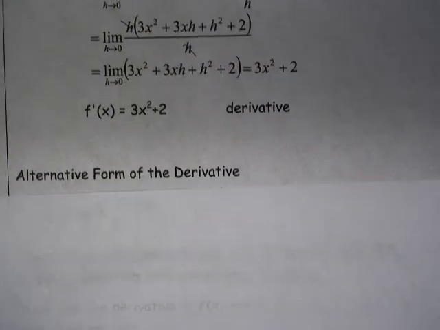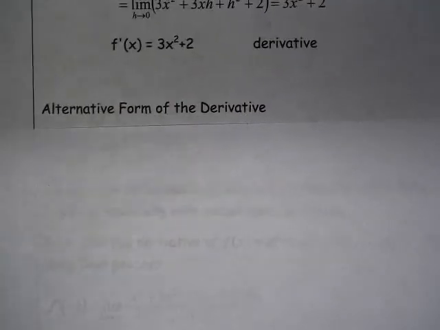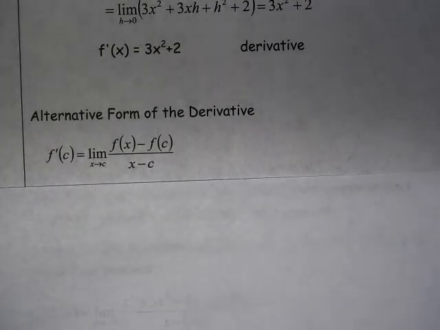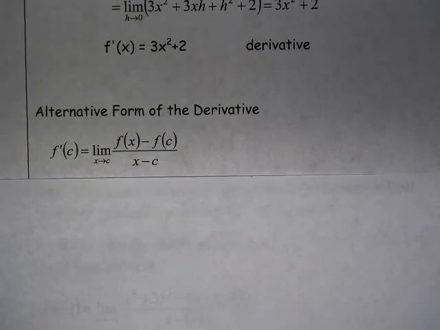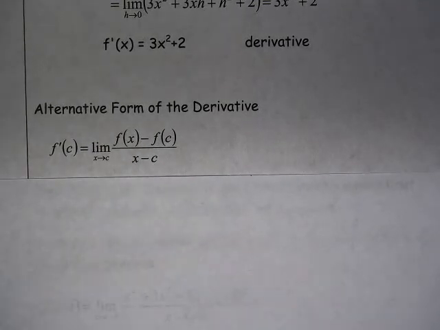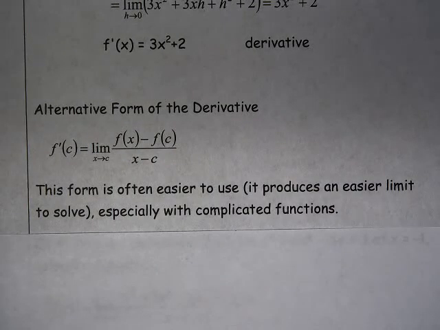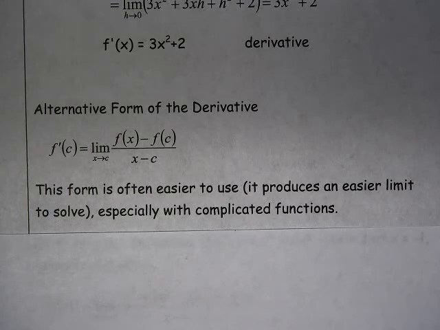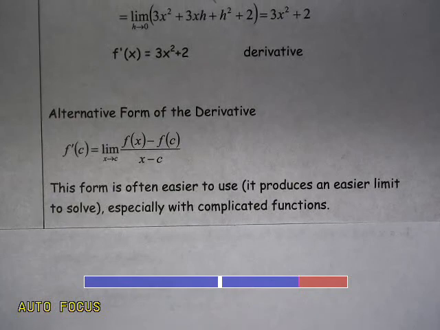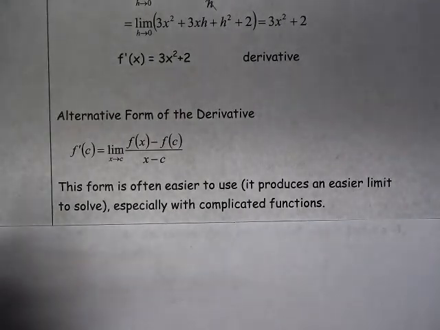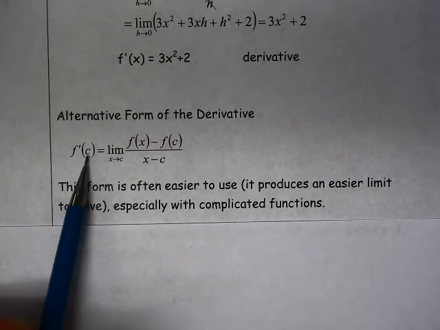Alright, there's also an alternative form of the derivative that we can use, and it looks like this. So this form of the derivative, we usually use this if we're looking for the derivative just in a single place. So you see that we just get the derivative at this value of c.